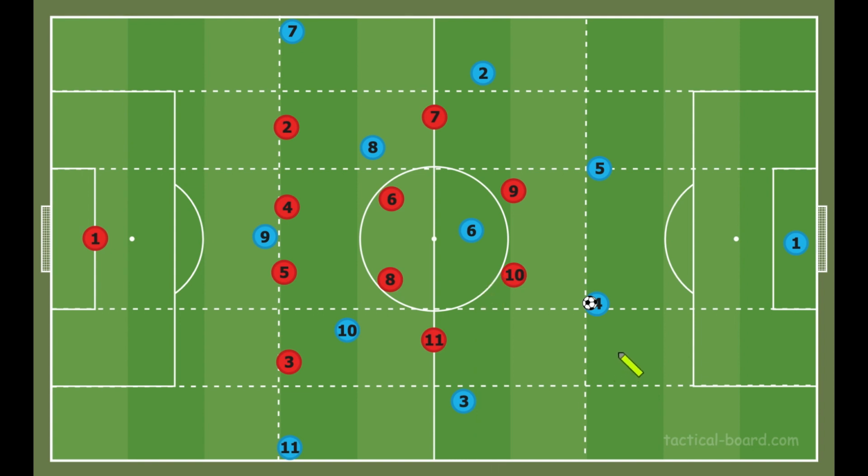So here in build-up, they're building up with two center backs, and they're effectively playing against two center forwards. So if an offensive transition were to happen here, and the ball were to go center, it would effectively be a 2 versus 2 through the central corridors in the offensive transition.